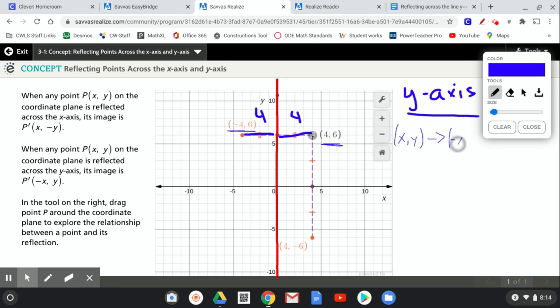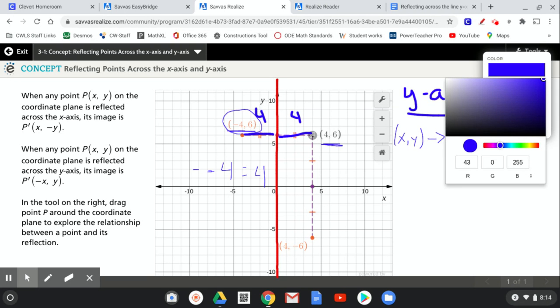So I'm going to put a negative in front of the x, and the y coordinate stays the same. If we started out with negative 4, 6, then we do negative of negative 4, and a negative times a negative gives us a positive. That's how we reflect it back. If we have 2 negatives, it's going to make a positive.